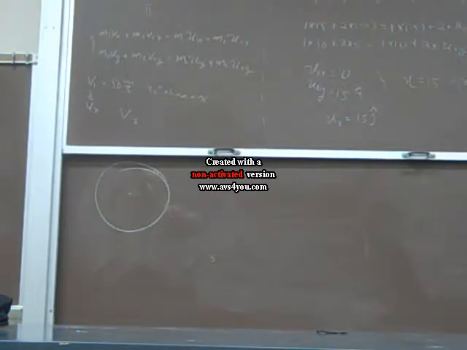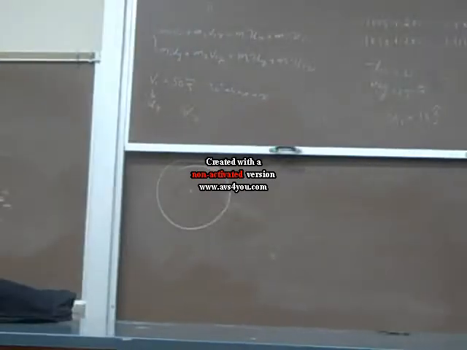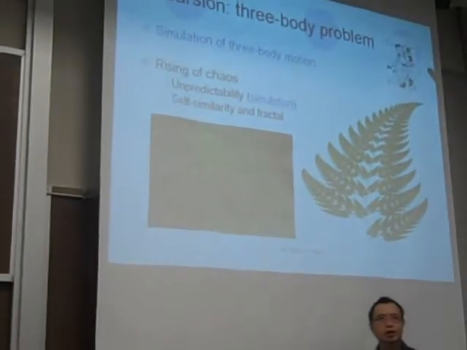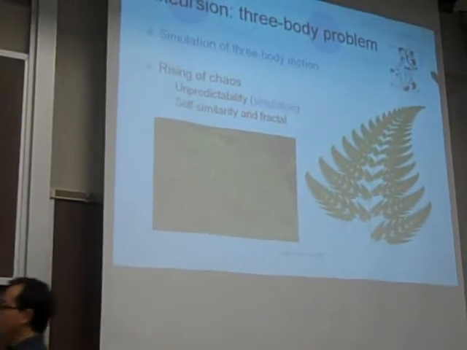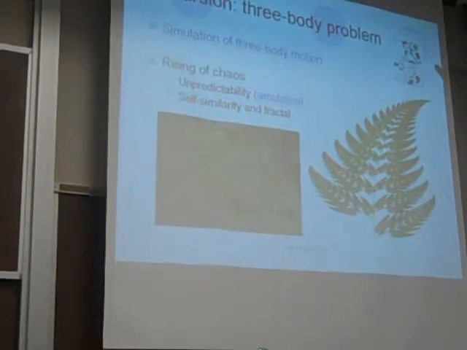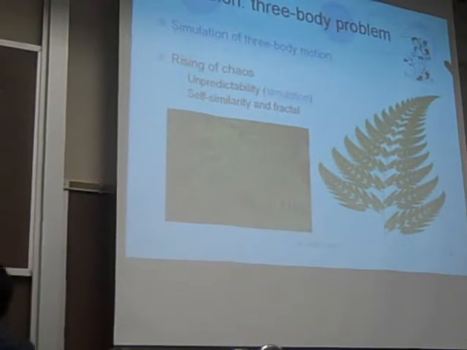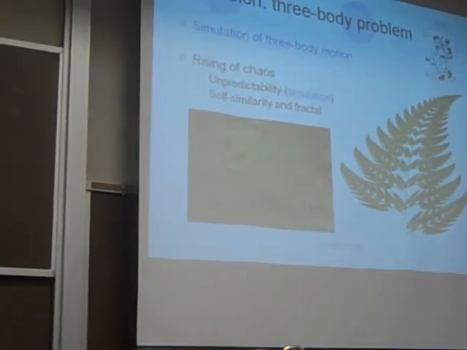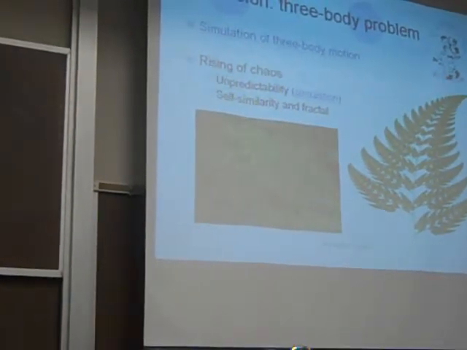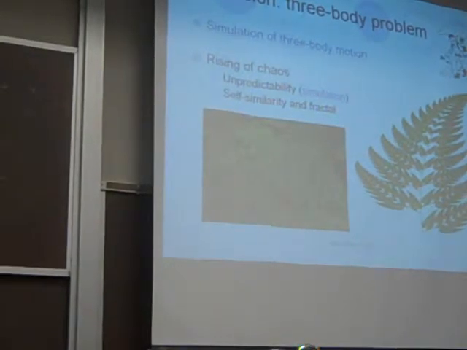Now what I would like to talk about is the three-body problem. Unfortunately, we can't do the simulation; we can do it next time. So the basic idea is that the two-body problem is completely solvable. In fact, it's not very difficult.